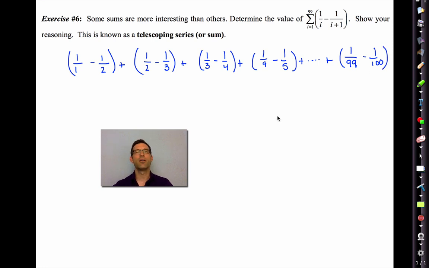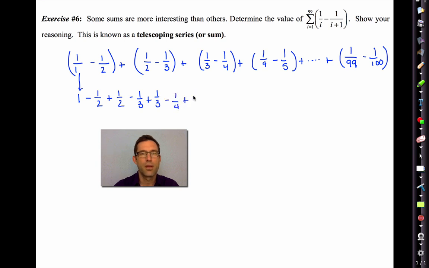Now keep in mind that addition is associative, meaning all those parentheses are pretty much worthless. I'm going to just write 1 over 1 as 1. I can remove the parentheses, right? I can actually rewrite it like this. And eventually we would have this.